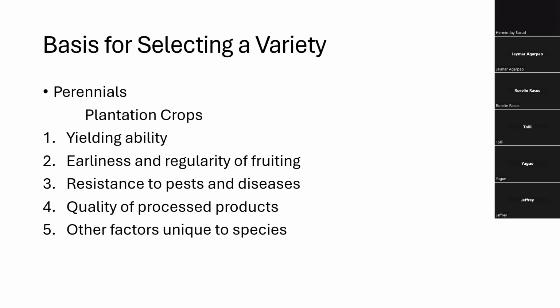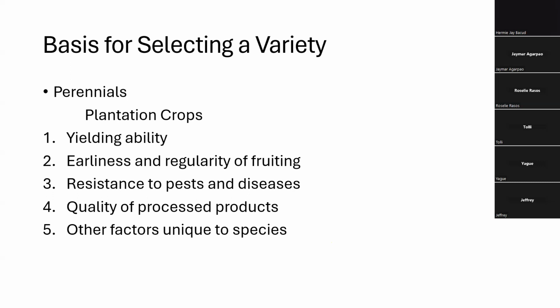Yun, basis for selecting a variety for our plantation crops naman. Plantation crops meaning these are mainly yung mga fruits natin that are grown in a monoculture system or monocropping.